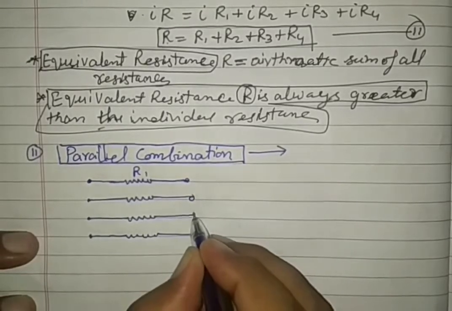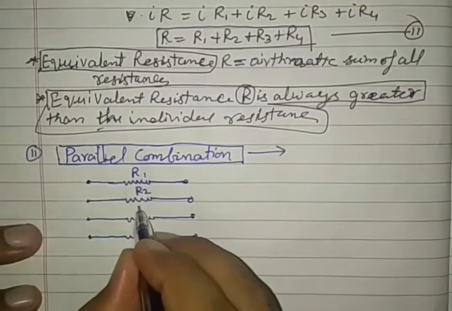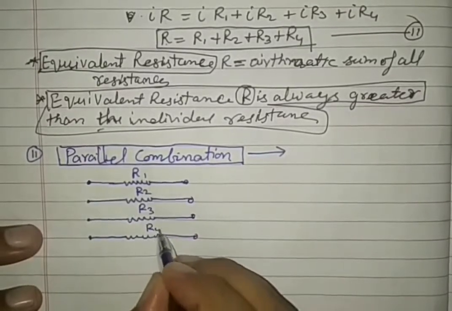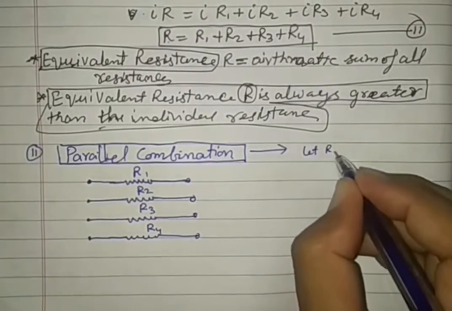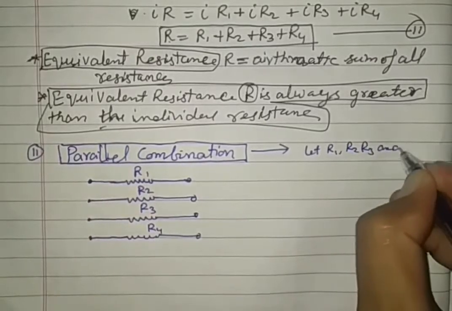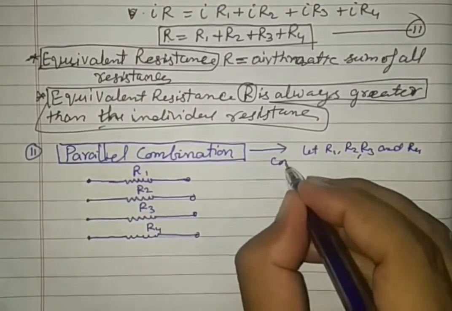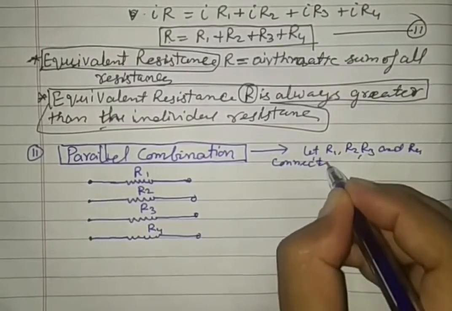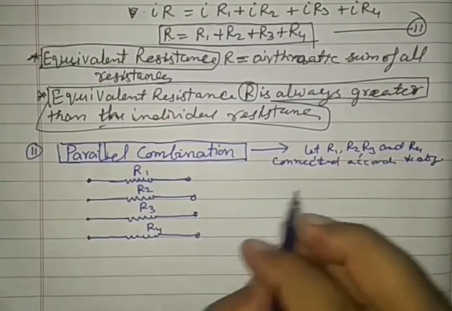Let these resistances R1, R2, R3 and R4 be connected in parallel according to the diagram here.